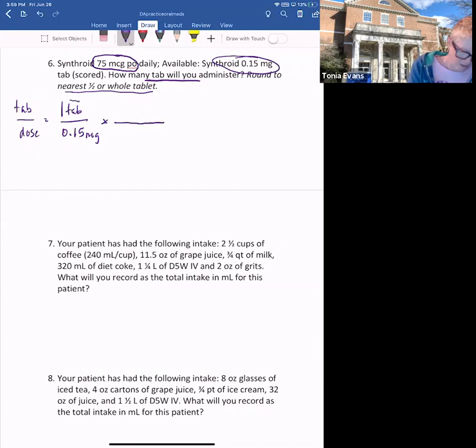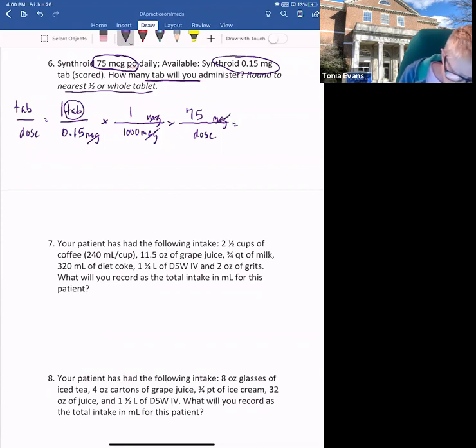Okay, so I've got my tabs. I need to get rid of milligrams, so that's going to go up here. And my dose is in micrograms, so again, I'm going to have to convert, and I know that 1 milligram equals 1,000 micrograms, right? Our milligrams now cancel out. Next thing I need to do is get rid of that micrograms. So my order is for micrograms, and I know that I've got 75 micrograms per dose.